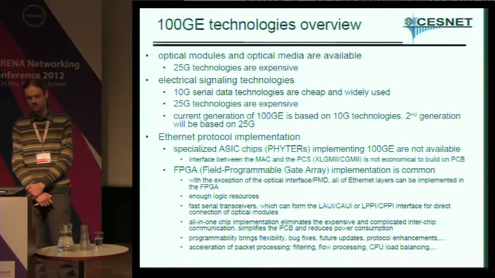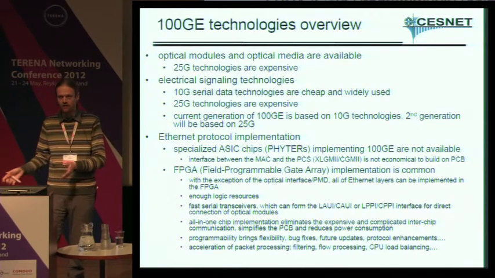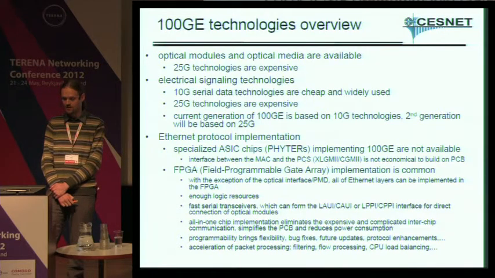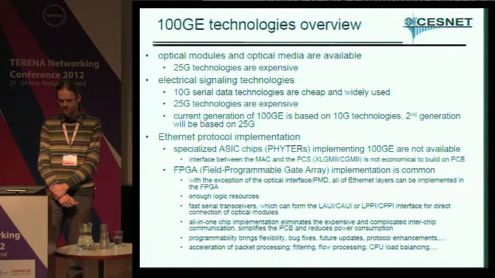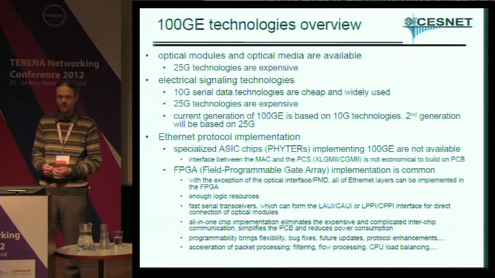This is because the interface between the PHY and the following chip, whatever it is, probably FPGA, would be very wide, probably 520 bits. And doing this on PCB would be really expensive or maybe impossible. So the other option is to do everything within a single chip, within FPGA in our case.